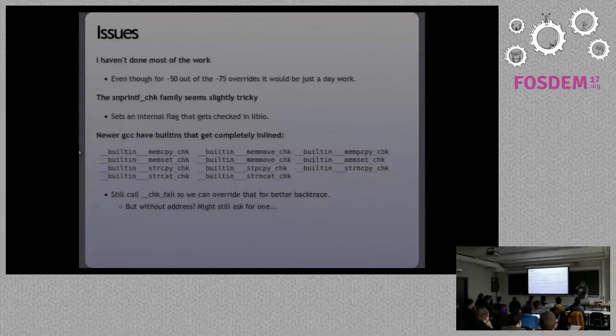The other 25 are somewhat more tricky. So if you have the snprintf family of checks, that actually sets a flag that gets checked by the normal printf code. So you can't really rewrite them completely as an override.